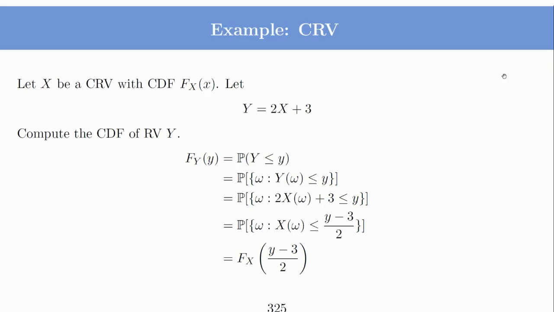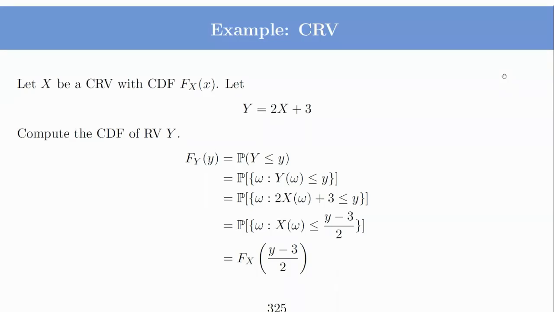So how do we compute this CDF of y? We will start with the basic definition. The CDF of y is given by the probability that y is less than or equal to small y. Or in full form, it means the probability of all omega such that y omega is less than or equal to y. Note that we are using this omega for outcomes, although we do not know the exact sample space. But whatever it will be, there will be some outcomes, and that is what this small omega represents.